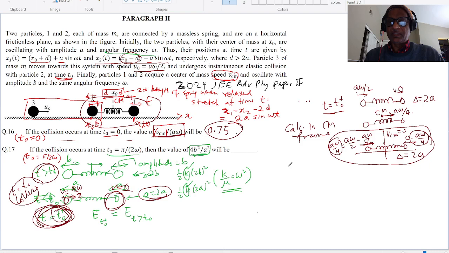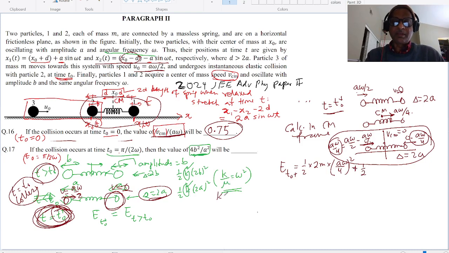The energy at t0 plus will simply be half kinetic energy with the same mass and same speed, so 2 times half m times a omega over 4 squared, plus half k.